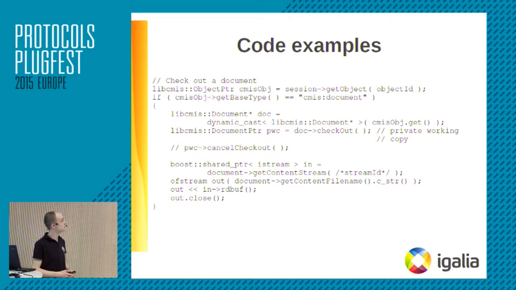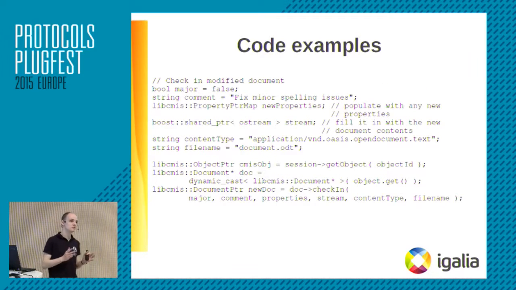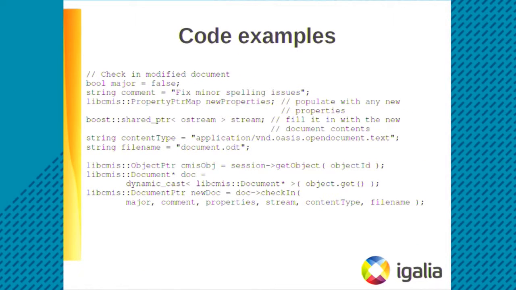And once you have that C++ input stream, you can do the common operations to, for example, write it to a file and then open it. And once you have done your modifications to that content, it's time to check it into the server again, and you will need to fill some data to do it. You will have to tell the server if it's a major revision or not. You will have to add a comment telling what you have modified in the content.